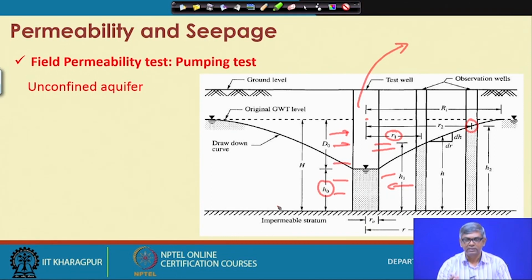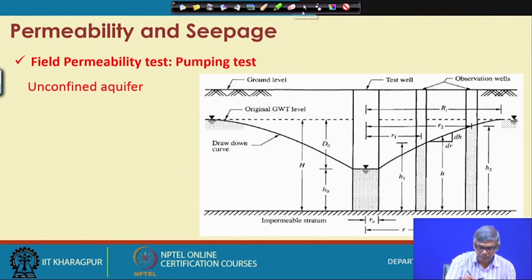When steady state discharge is reached, and after some time of constant discharge, you observe the water level at observation well 1 and at observation well 2. Those can be correlated to the K value in terms of R1, R2, H1, H2 and so on. I will show that in the next slide.